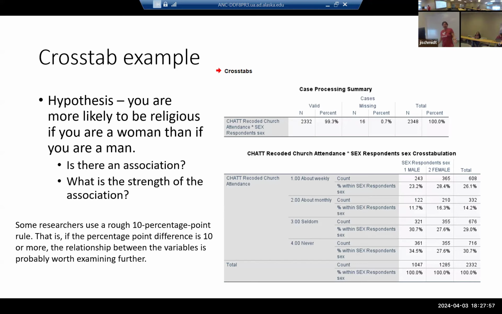One's not more important than the other. We're not looking at years of education versus, say, age, where the education goes up, more and more school, and it has a direction to it. This one is just male or female, so with nominal variables you don't really have a direction when you're looking at measures of association. One isn't going up while the other is going down, it's just male or female.